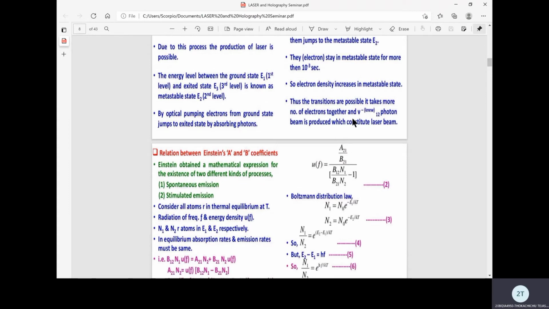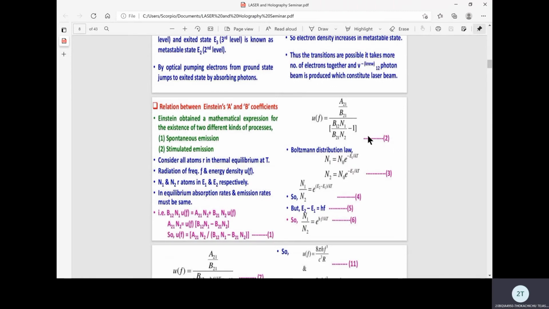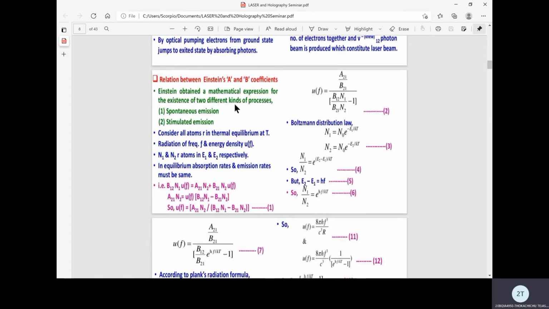On further emissions after the stimulated emission, this results in beams of light with high intensity because of the huge accumulation of energy of electron density from a stable state, which is the laser beam of light which we require and use in this chapter. So let's see the relation between the Einstein constants which we studied before, A21 and B21.